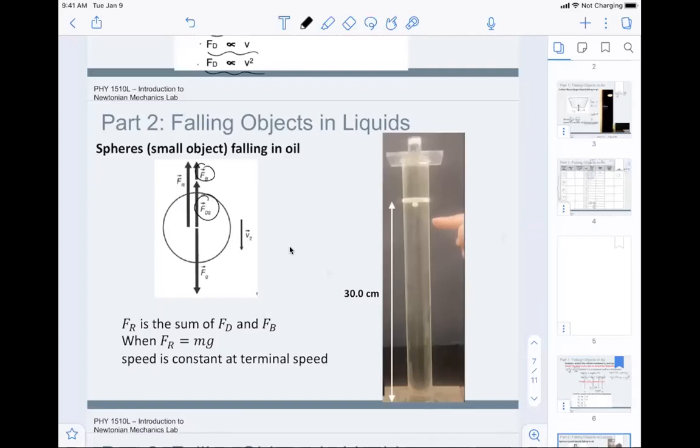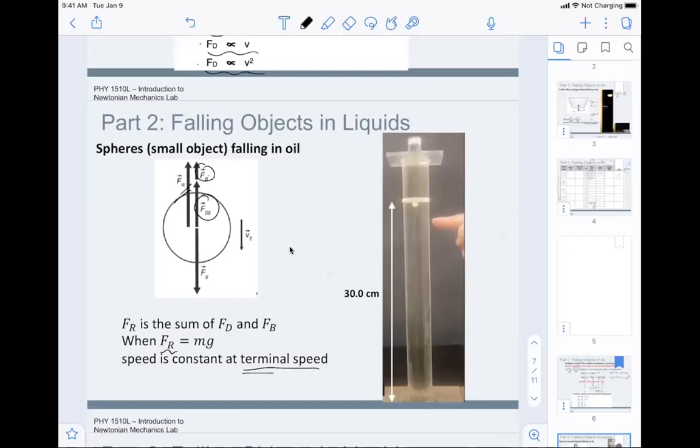Both of them are pointing upward, right? So that is what is a little bit different when you drop something in liquid. These two add up. Now this is a total force, it's not a new force. F_B plus F_D add up to be the total resistance, and that is equal to the weight of these spheres when it reaches terminal speed.